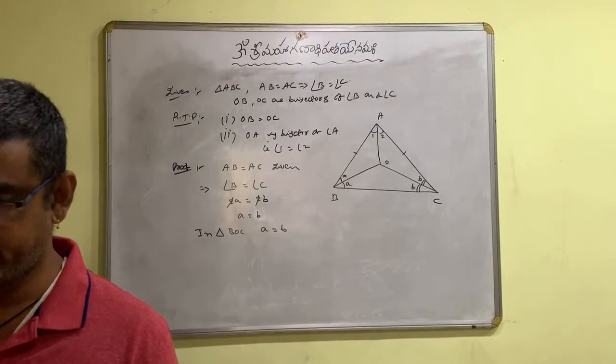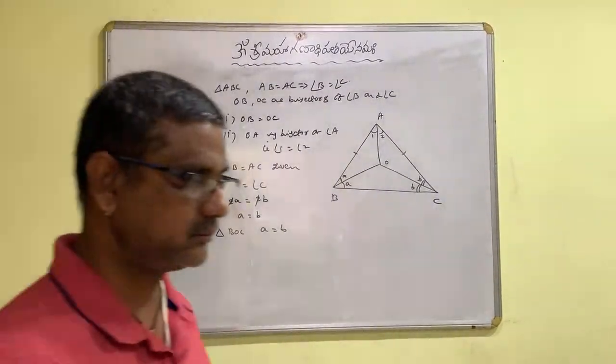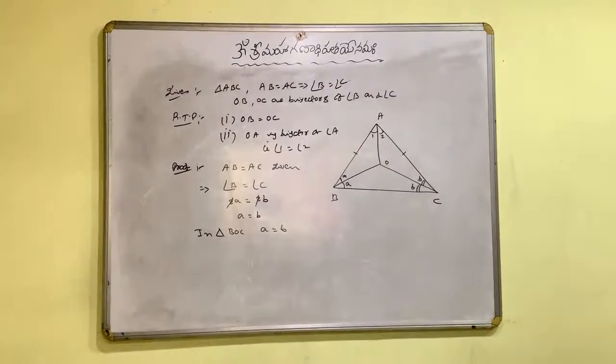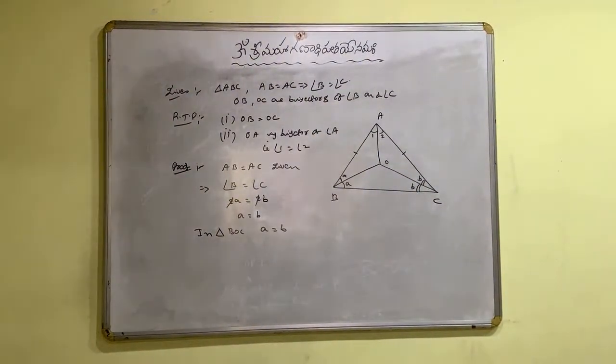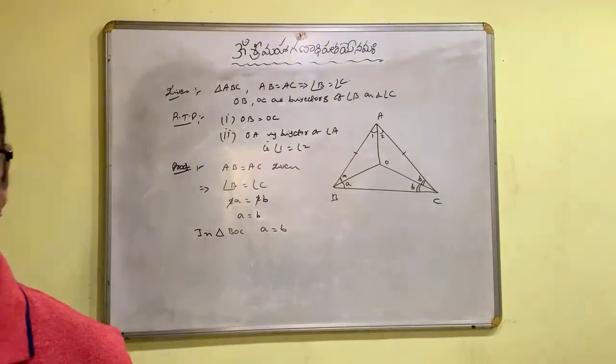I am talking about the type of triangle, not the type of criteria I am asking. I am not comparing the congruency criteria. So what type of triangle it is, I am asking.